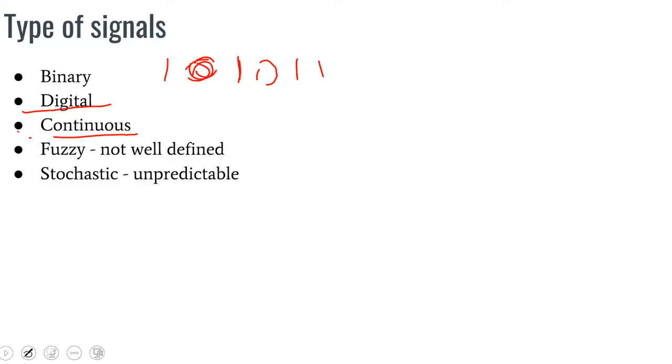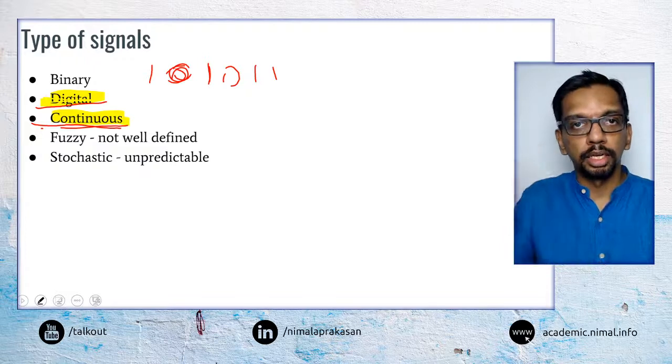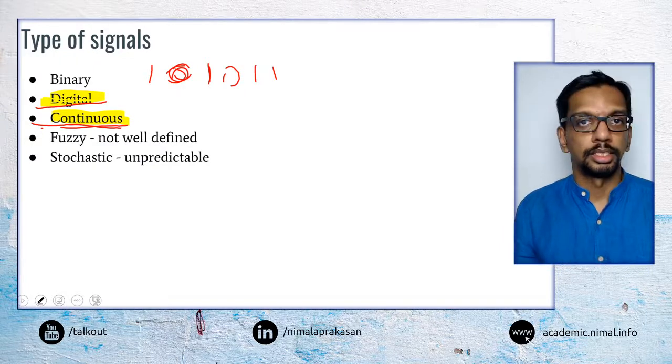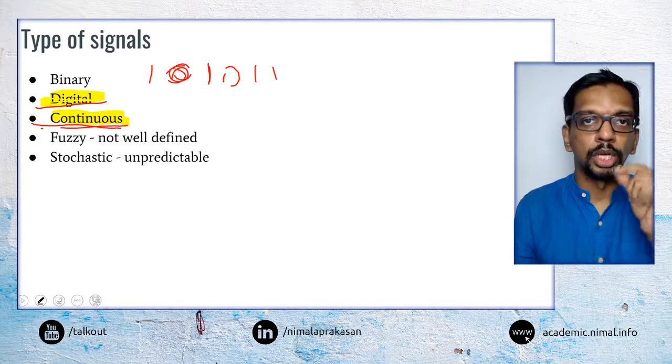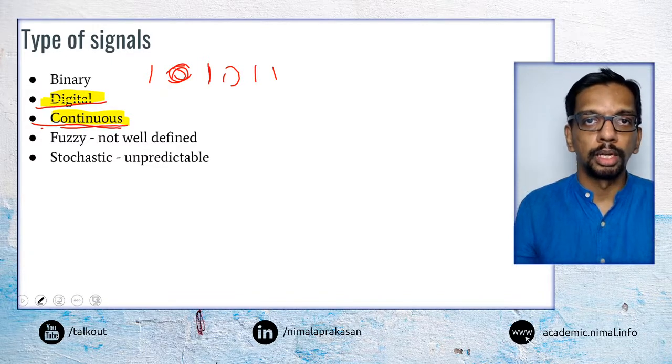Then another way we can categorize signals is into digital signals or continuous signals. The main differentiation is that digital signals are represented as a finite amount of information. For example, once we record a sound and store it in a computer, we would store it as a digital signal.